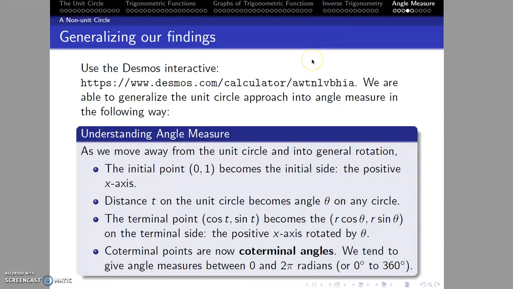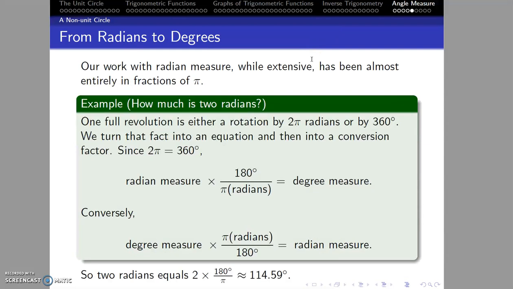The short of it is, one revolution, one full rotation, is 2 pi radians by definition. Also, by human definition, by our own convention, one full revolution is 360 degrees. So, 2 pi radians equals 360 degrees.